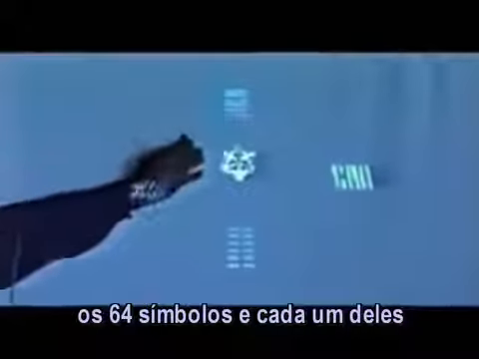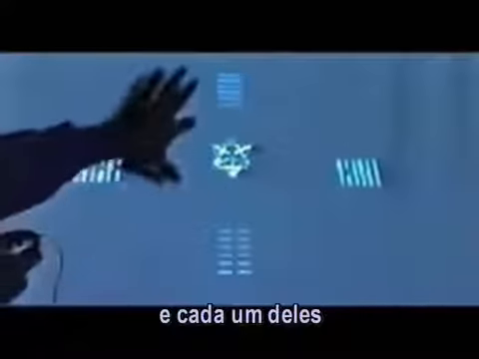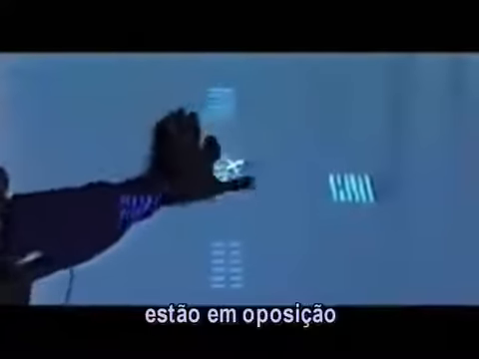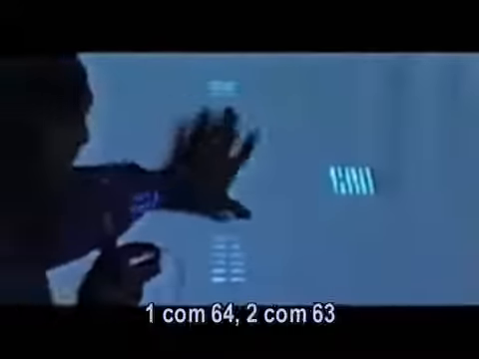And each of them is composed of full sticks and broken sticks. And each of the symbols is in opposition, like 1 and 64, 2 and 63, they're all in opposition.